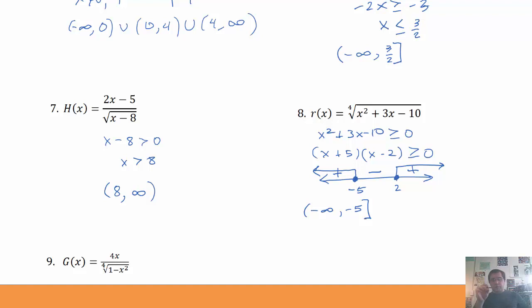So, because I had the closed circle, I put the rectangular bracket at negative 5. Union. I will take anything starting at 2, including 2, and going up to infinity. That's my domain. So it's helpful to make that number line, and then I can just translate that into interval notation.